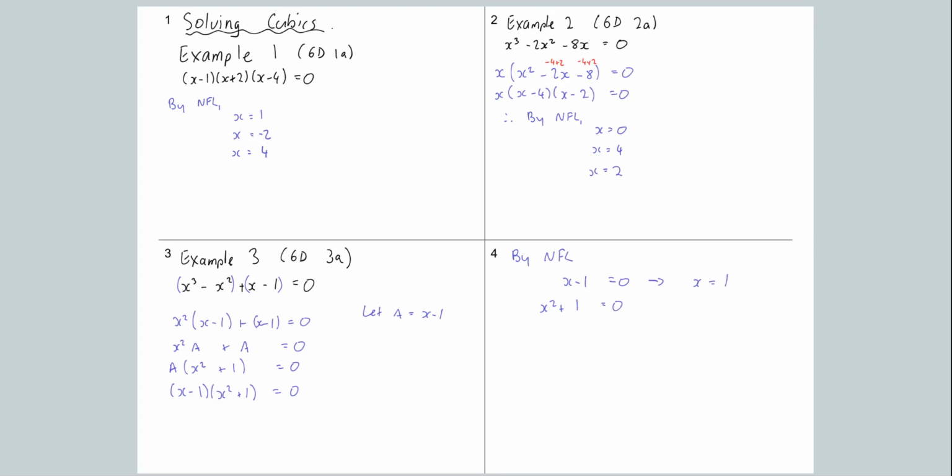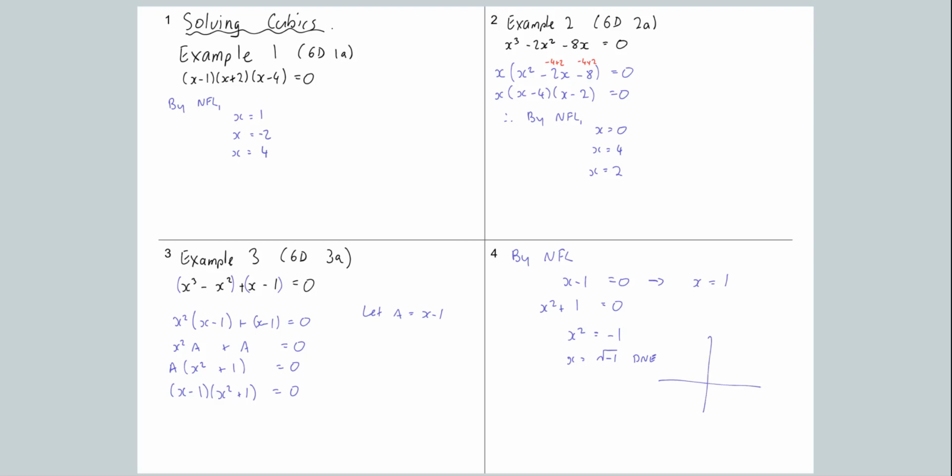Therefore, x squared is equal to negative 1 by subtracting 1 from both sides. And if I try to take the square root of both sides, I'd have plus or minus the square root of negative 1, which does not exist. It does, but it's not a real number.